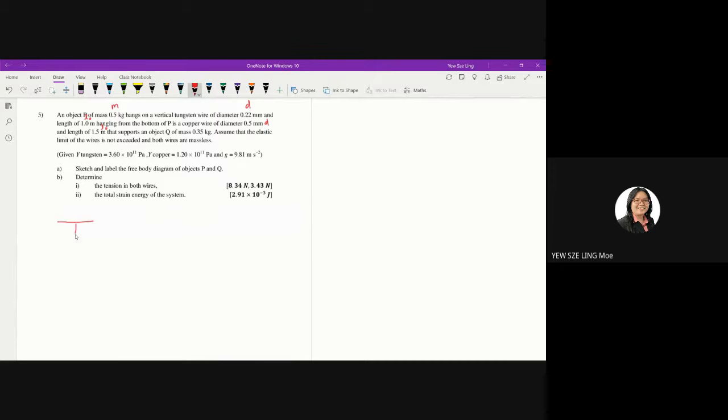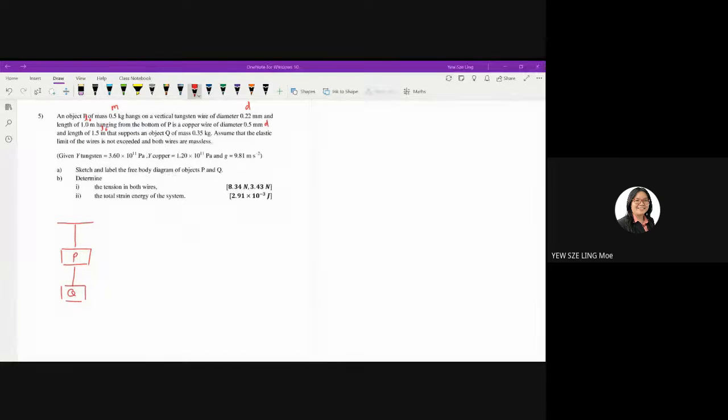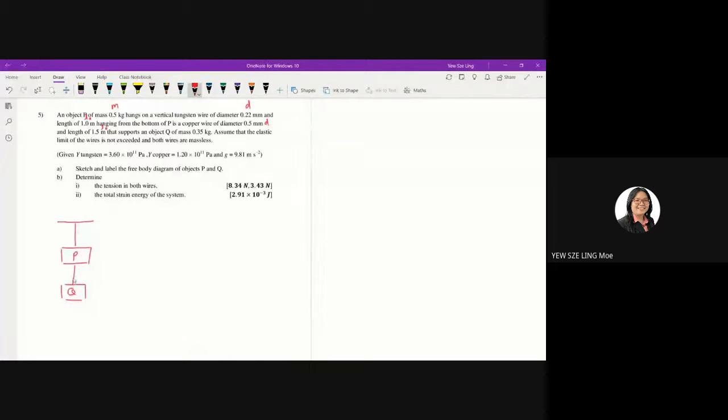Okay, so the vertical tungsten wire, and then object P, and then another wire, copper wire, and object Q. Okay, object Q. So this is the meaning of this question, of the first statement. So it seems very long, it's a bit complicated, but actually that's it. Okay, that is the meaning.